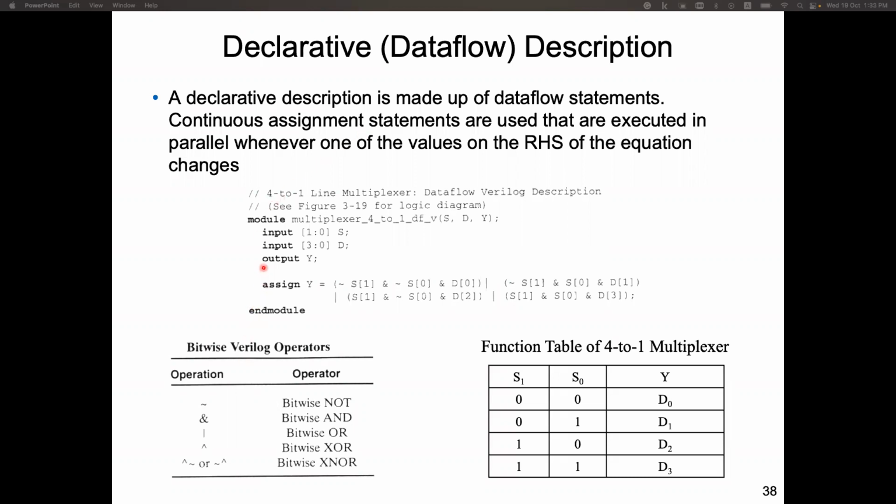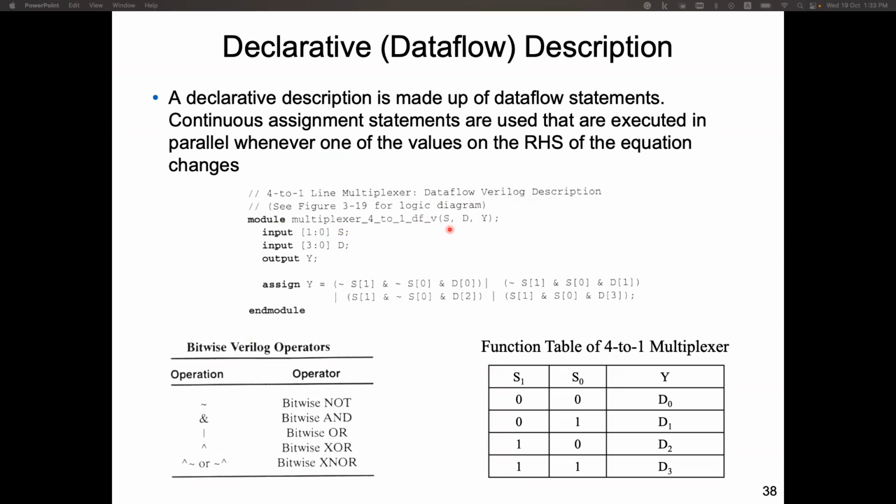So this is a 4-to-1 multiplexer in data flow description. This is the module multiplexer 4-to-1 data flow.